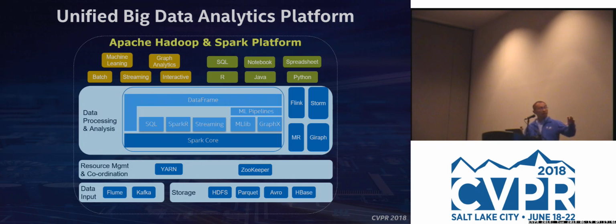You have your data stored and managed in this one platform, and then you can perform different types of analysis on top of it, whether it's batch processing, streaming processing, graph analytics, or machine learning. You can use different languages, whether it's Java or Python or R, SQL, or even some spreadsheet type of interfaces, which is made possible by building this unified data platform with many different capabilities integrated into this ecosystem platform. So what's missing here?